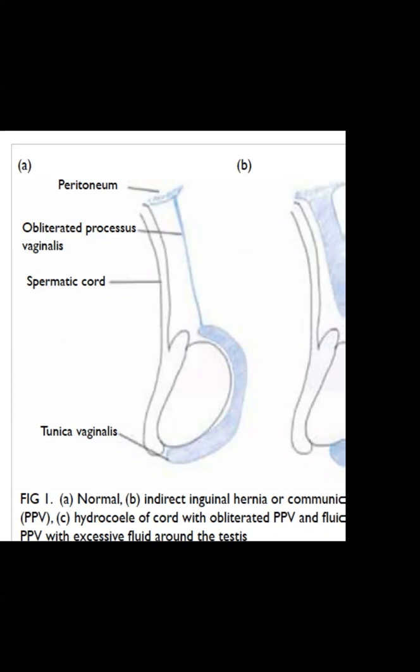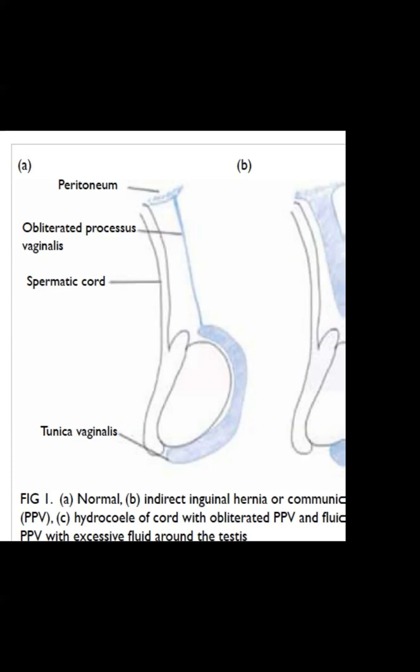When this occurs, the sac, the processus vaginalis, must be obliterated. In a normal setting, there is no patent processus vaginalis. There is an obliterated processus vaginalis. There is no communication between the peritoneum, the abdomen, and the scrotum.